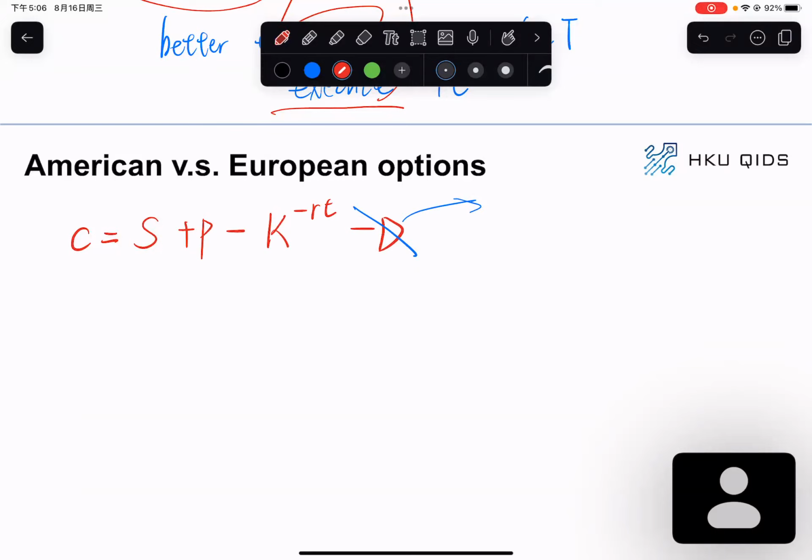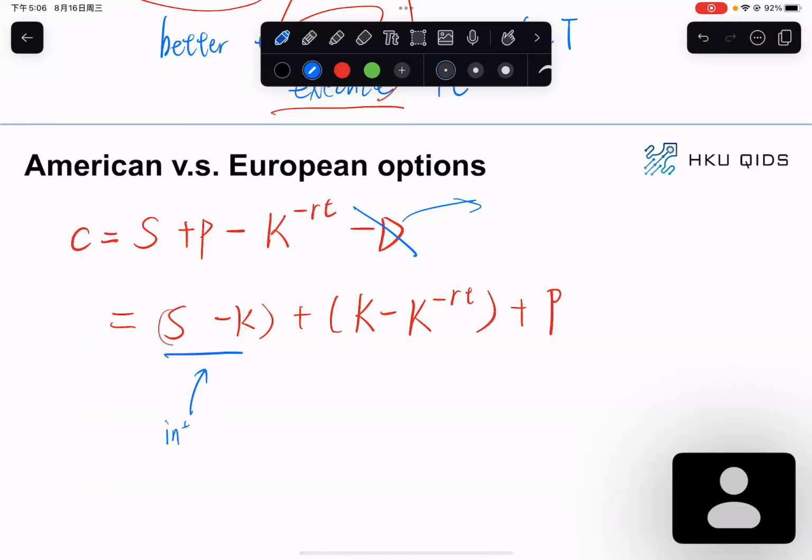And you can see that this is the value of the European call on a non-dividend paying stock. It actually includes three components. And if we rearrange it, it becomes S minus K plus K minus K e^(-RT) plus P. So this first part is the intrinsic value.